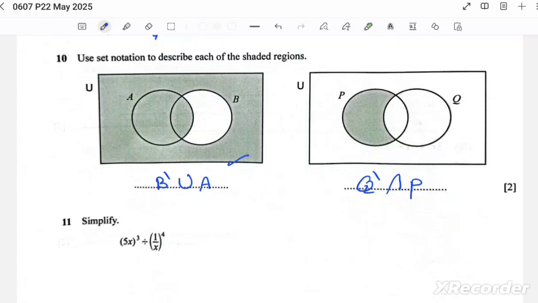So the answers are: complement of B union A, and complement of Q intersecting P.